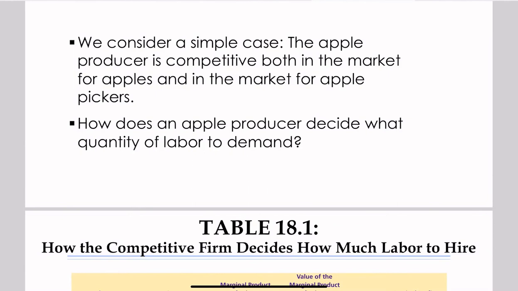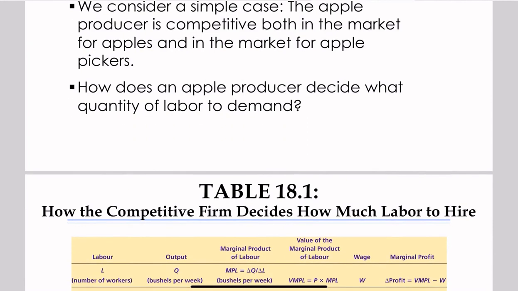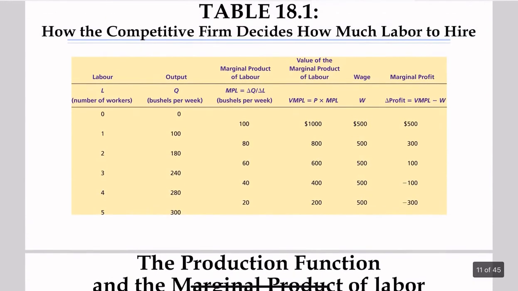That is, we can always consider this apple farm as a price taker in both the apple market and the market for apple pickers. So now we want to understand how this apple farm will decide how many workers to hire. Okay, so let's see how this works.